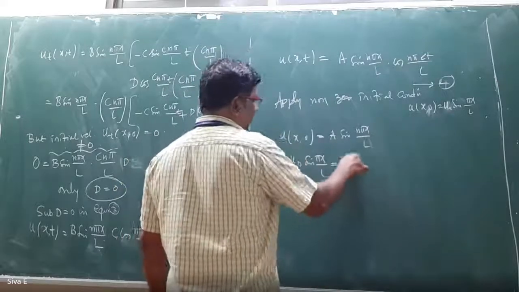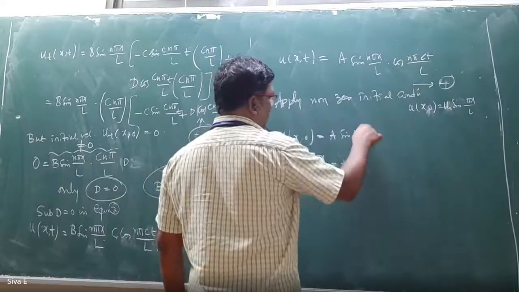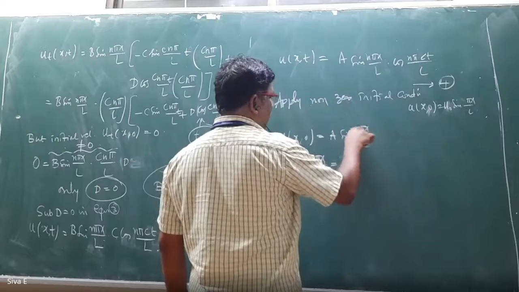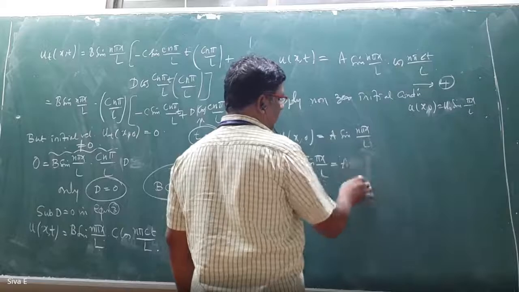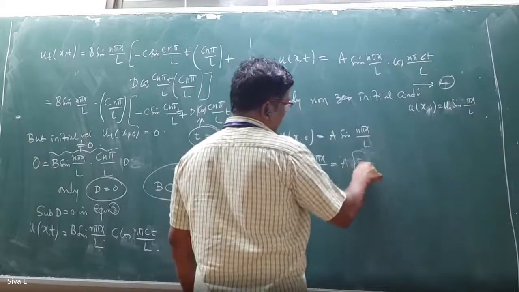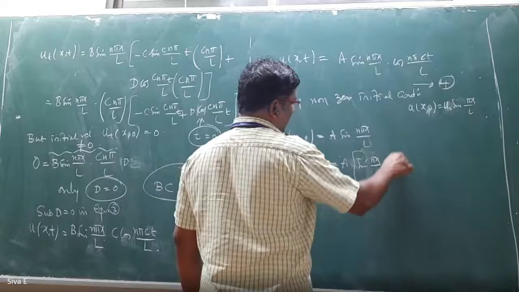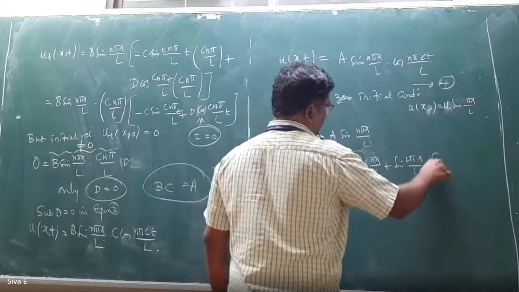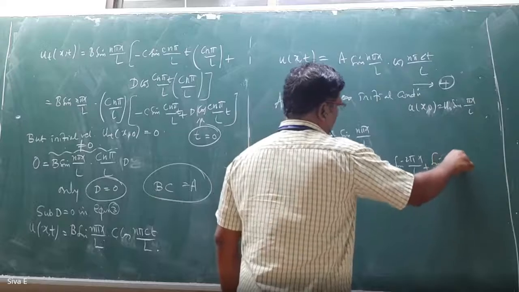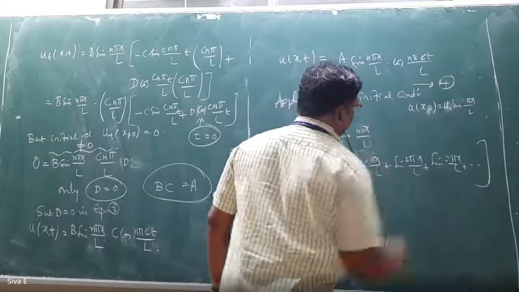That is equal to the sum over n equal to 1 to infinity of a sin(nπx/L), so we can write sin(πx/L), sin(2πx/L), plus sin(3πx/L) plus etc.